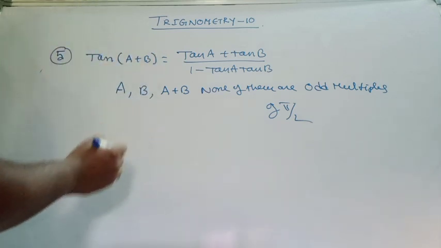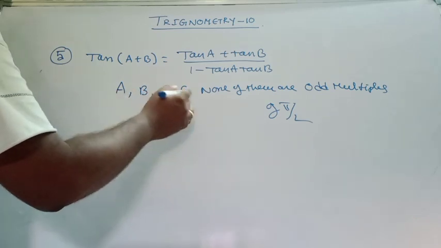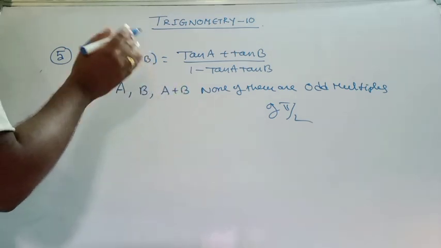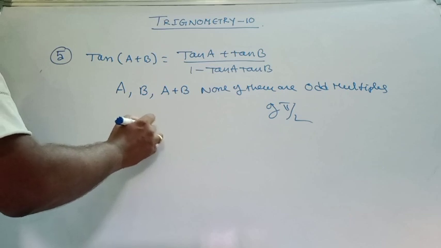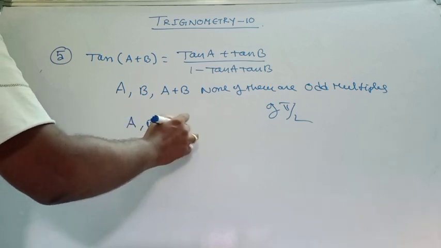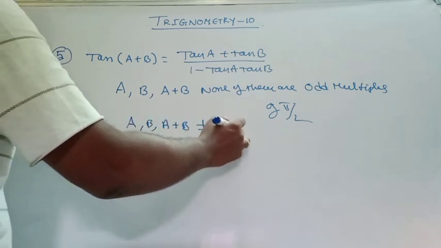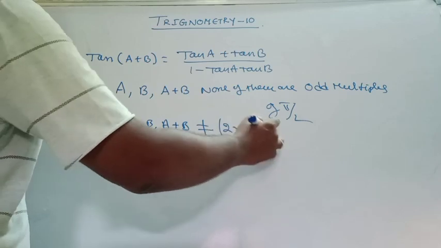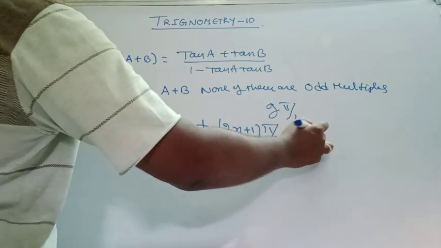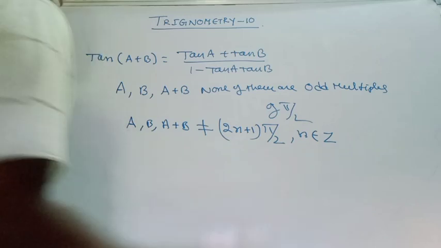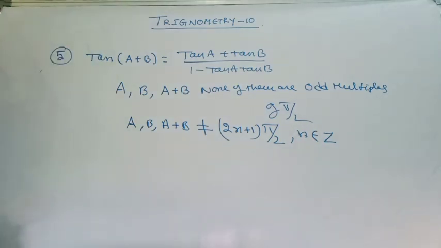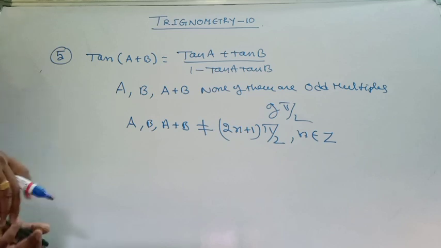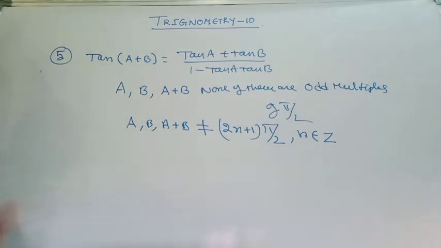We have to be very careful that A, B, and A plus B are not odd multiples, that is, of the form 2n plus 1 times pi by 2, where n belongs to Z. This is very, very important, because otherwise they become undefined and the formula does not exist. That's why we are writing this.